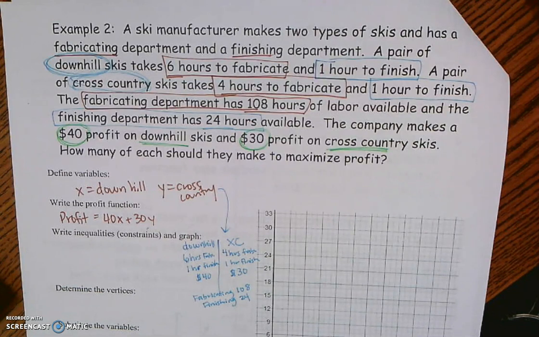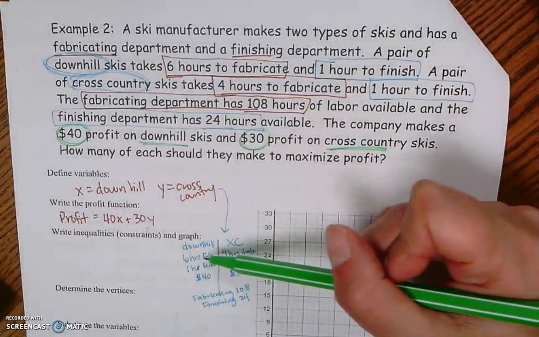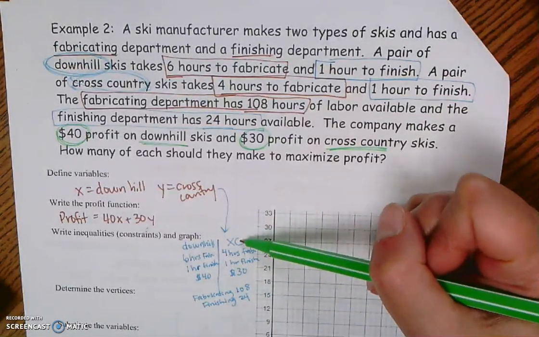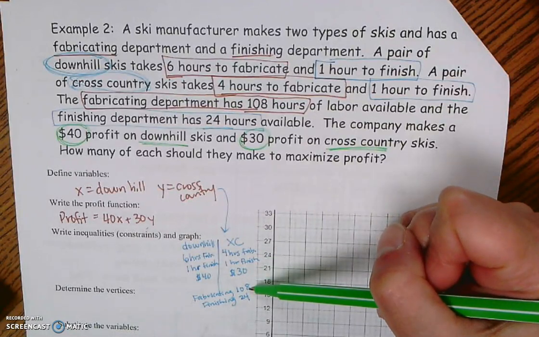Now, the first thing I got to do is write my inequalities. Every inequality comes from a total. So I always start with my totals. If I have a total of fabricating, that's 108, that means that one of my equations has to do with fabricating. So I'm going to create an equation. 6 downhill plus 4 cross country is with my 108 fabricating.